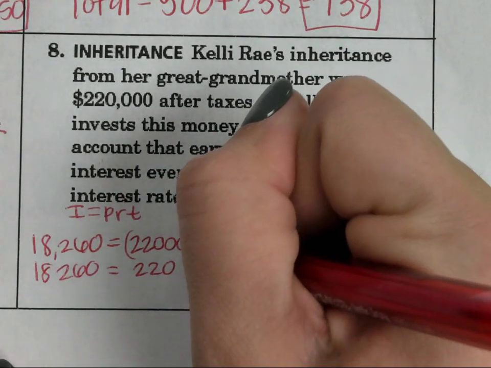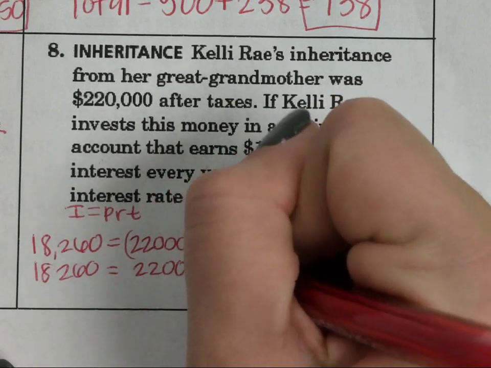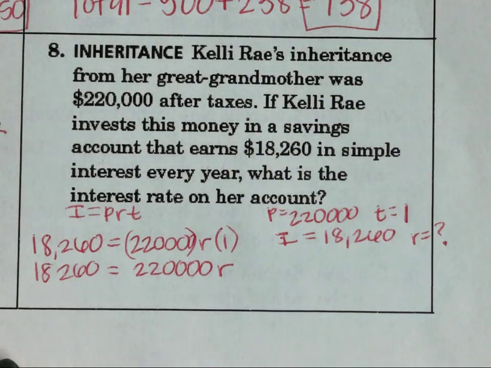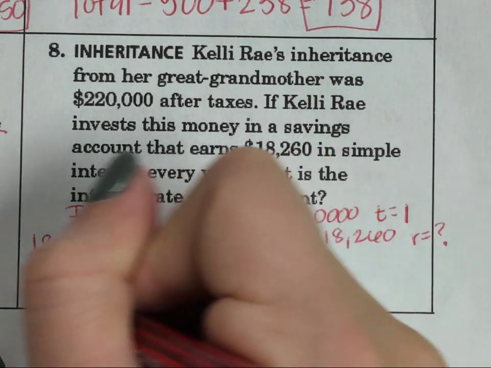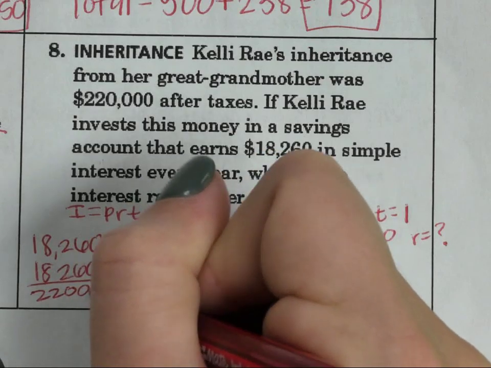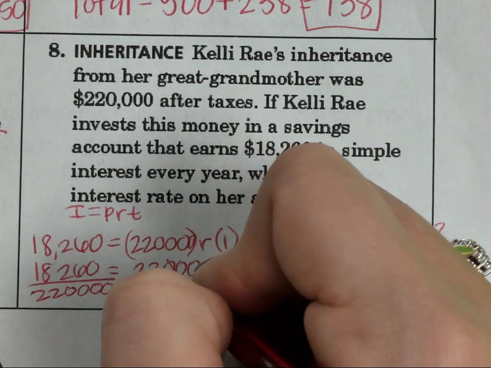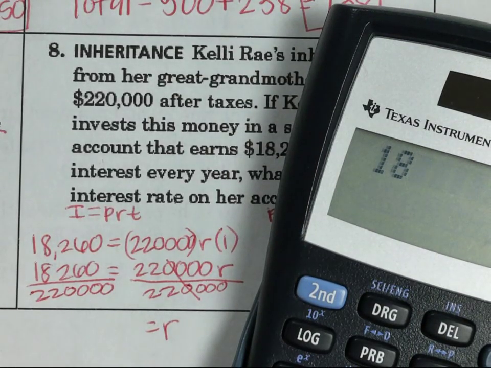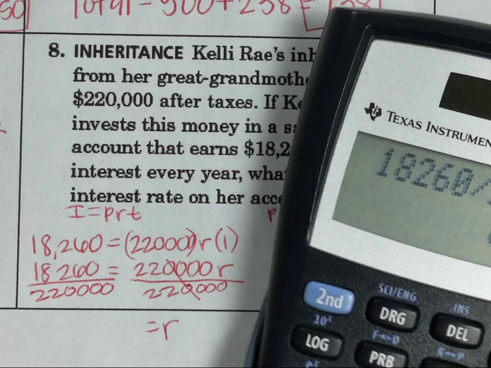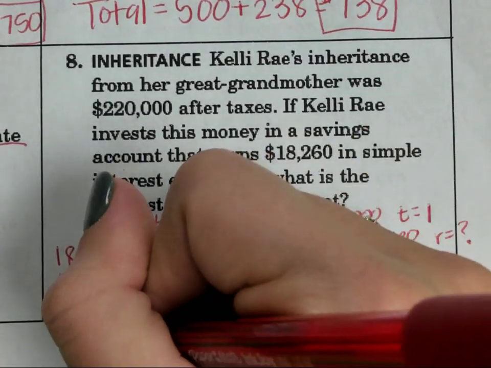So 18,260 equals 220,000 R. How do I solve for R? So these cancel, leaving me with R equals 0.083.